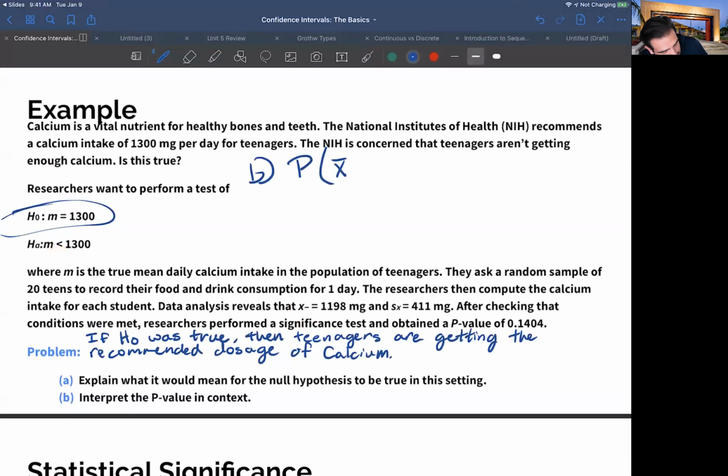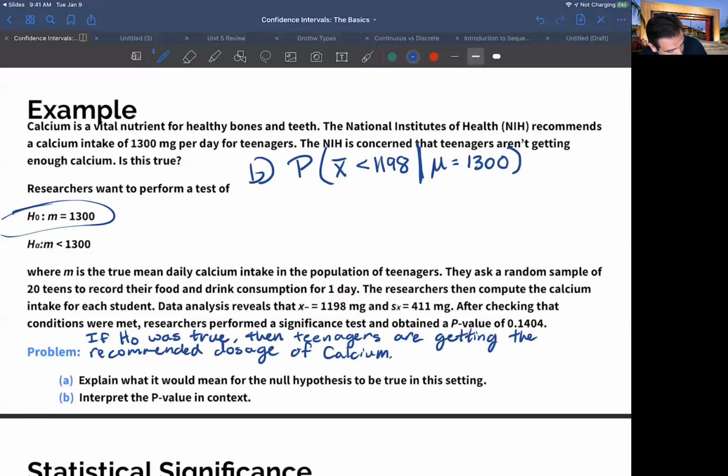So the probability of our sample average being less than what we actually collect, so 1198, given that the true average is equal to 1300, right? So assuming that they are getting what they need, what's the probability of our sample happening, or even something more extreme, by collecting less than what we got?